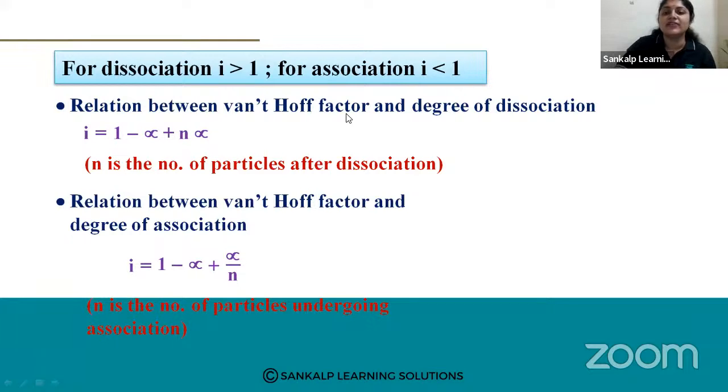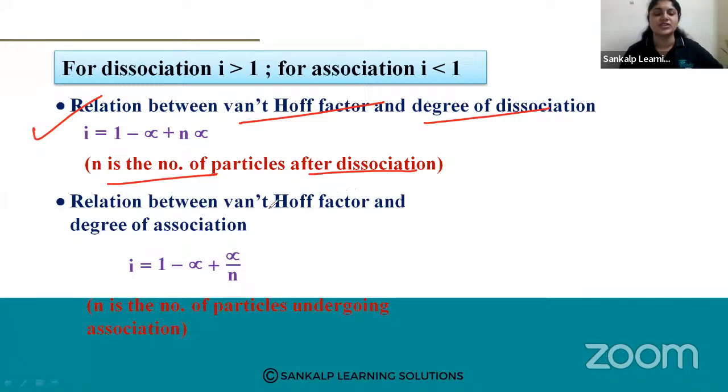Now the relation between the Vant Hoff factor and degree of dissociation. You need to remember this formula: i equals 1 minus alpha plus n alpha, where n is the number of particles after dissociation. And the relation between the Vant Hoff factor and degree of association is i equals 1 minus alpha plus alpha upon n, where n is the number of particles undergoing association.